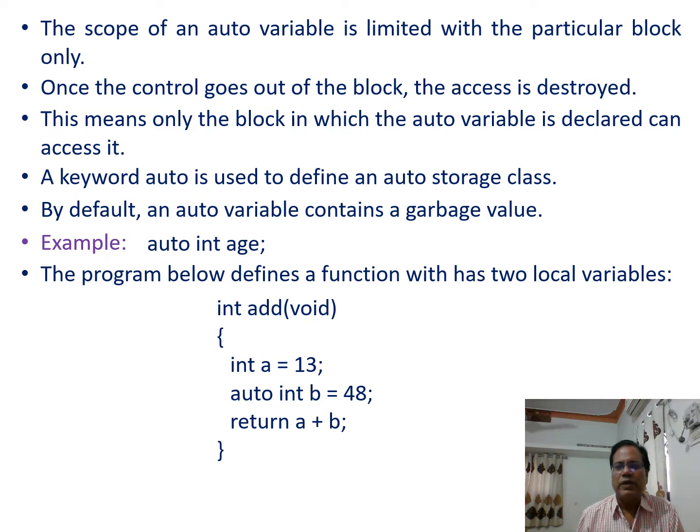In the second declaration, the auto keyword is used, that is variable b. Its storage class is explicitly defined using the auto keyword. And when this function is called, it returns the sum of a and b.